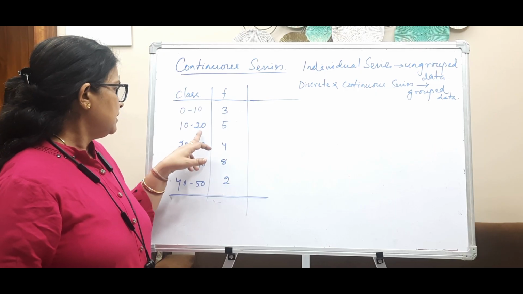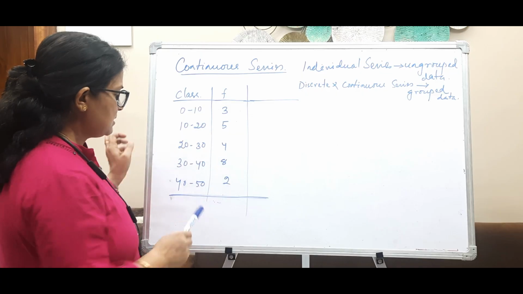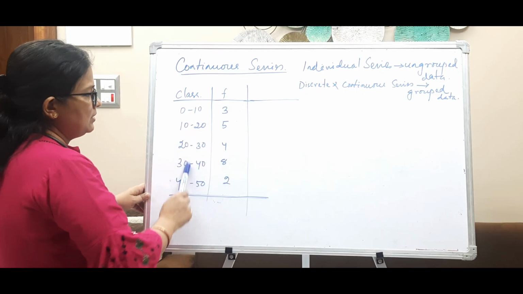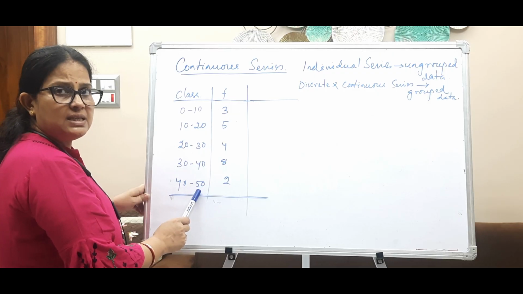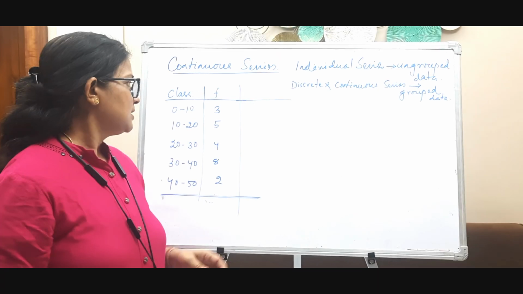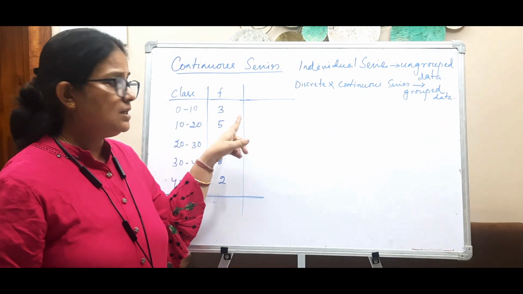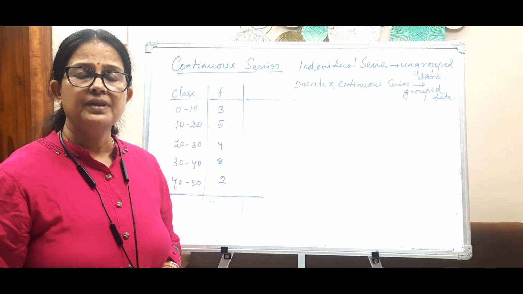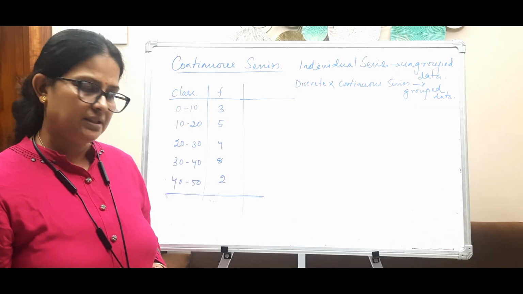Like here only we can consider 20, not here, because the upper limit, upper range of the series is excluded in an exclusive series. So we have taken the question, class and frequency. Let us solve the arithmetic mean by direct method.